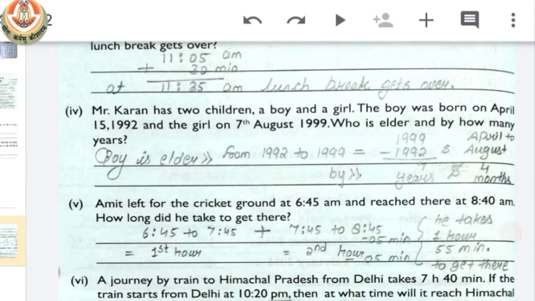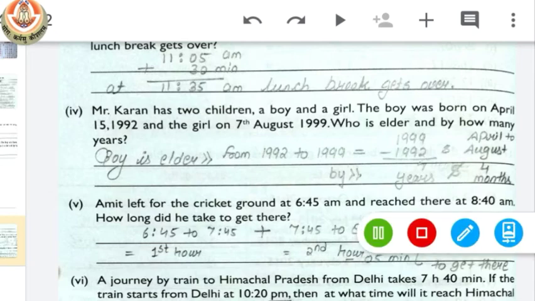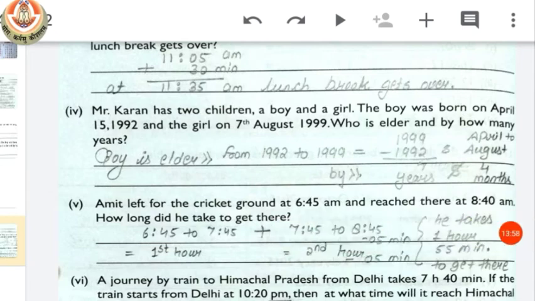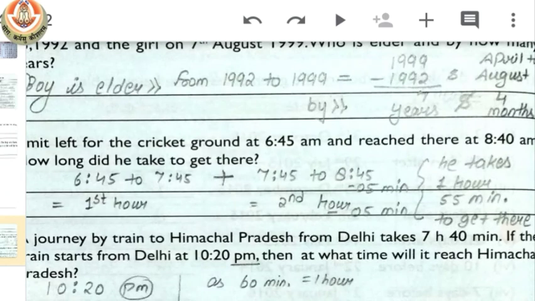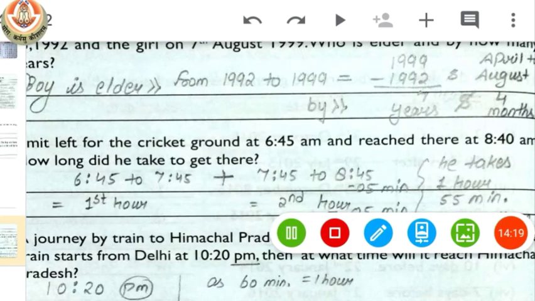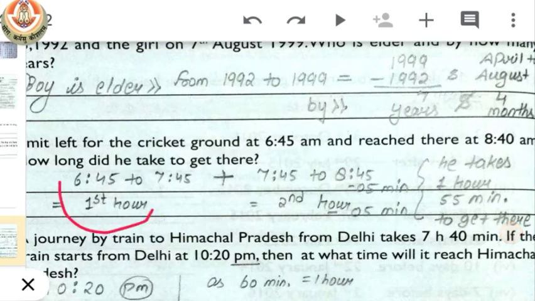Next is: Amit left for the cricket ground at 6:45 a.m. and reached there at 8:40 a.m. So we have to answer how long he took to get there. As he started at 6:45, from 6:45 to 7:45 we have the first hour, and from 7:45 to 8:45 we have the second hour.